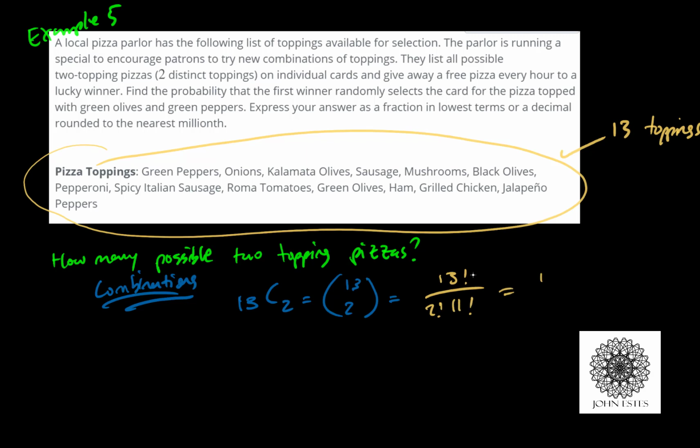All right, and this will clean up pretty nicely because look, you have 13 times 12 times 11 factorial over 2 factorial times 11 factorial. And notice that 2 factorial is actually just the number 2, right? It's 2 times 1. And so then the 11 factorials cancel out, the 2 and the 12 cancel out, give me 6. And so I just have 13 times 6, which is 78. That is the number of ways to get a 2-topping pizza.